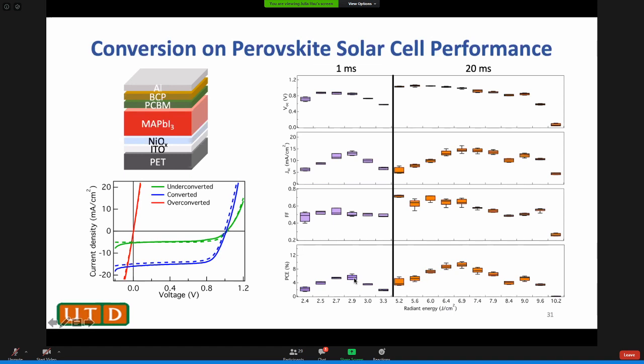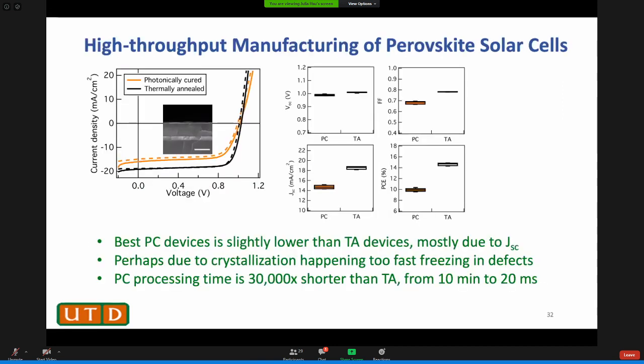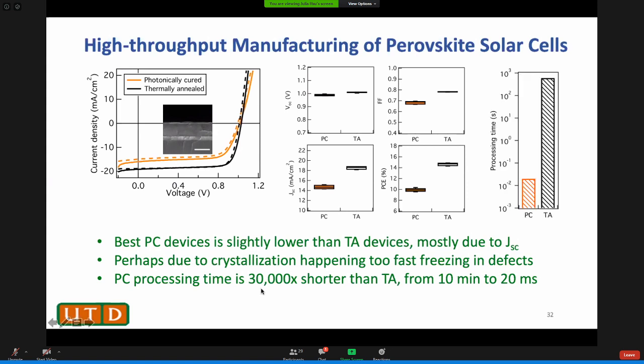Right now, our current is a little low, but we still get 10% devices, and thermal annealing gives us 15%. However, this is a log scale of processing time. Thermal annealing takes 10 minutes, this takes 20 milliseconds. So it reduced processing time by 30,000 times.